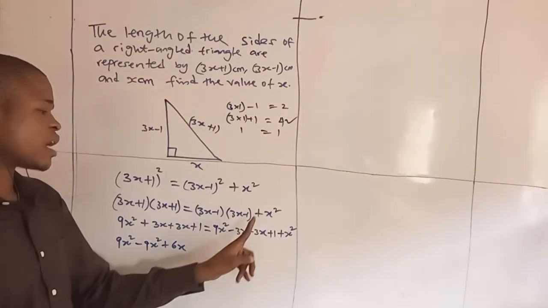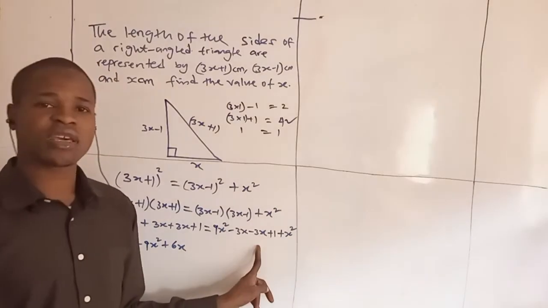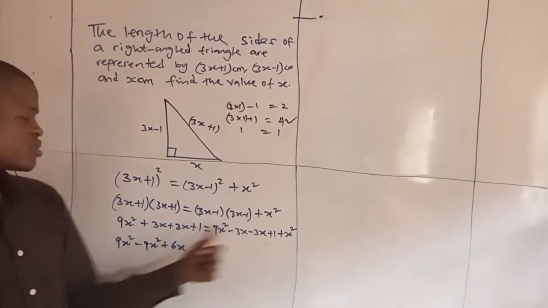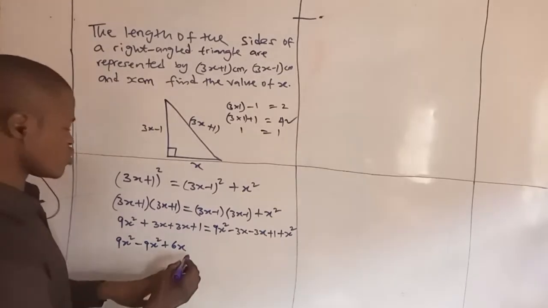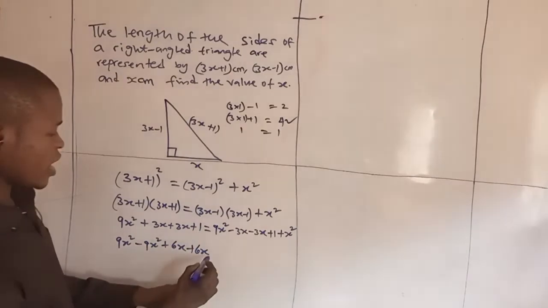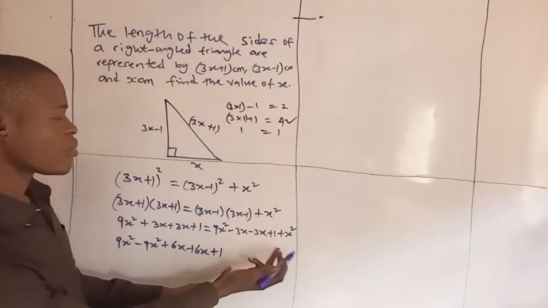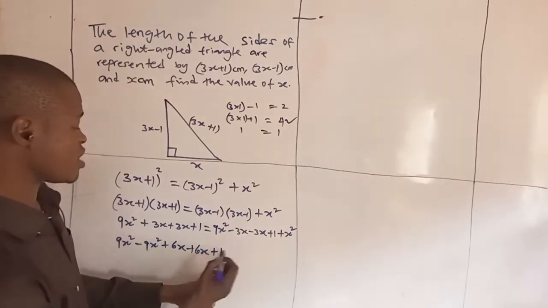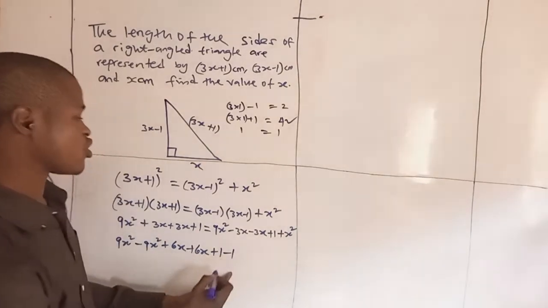I have minus 3x minus 3x, which gives me minus 6x. If I take this minus 6x to the left hand side, it turns to plus 6x. I have plus 1 here. When it comes to the left side, it will turn to minus 1.